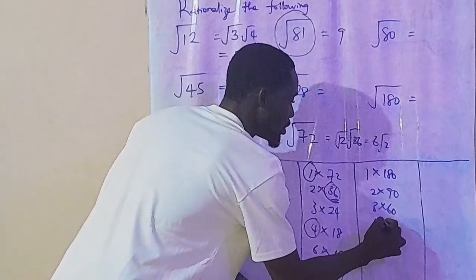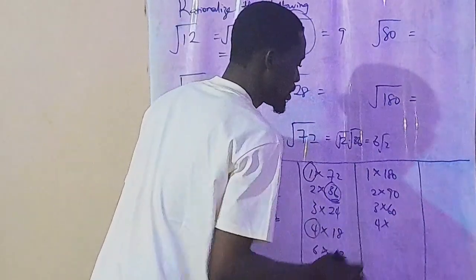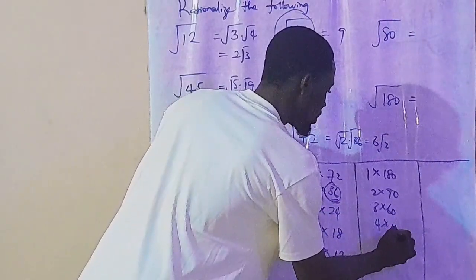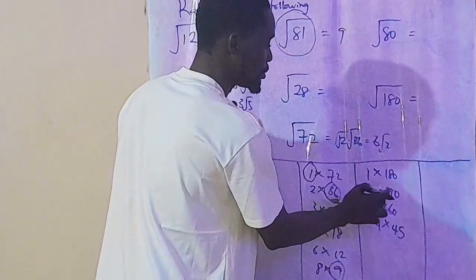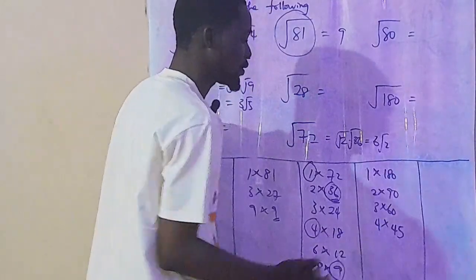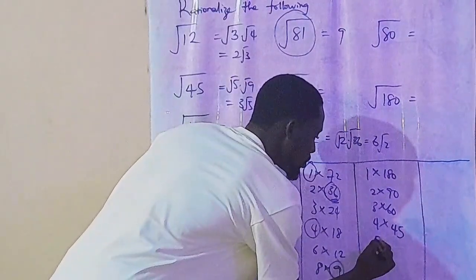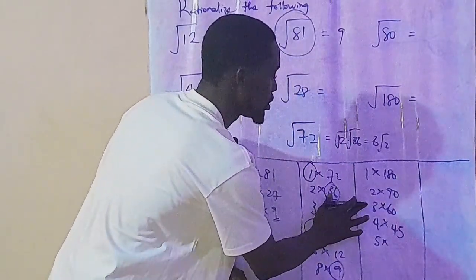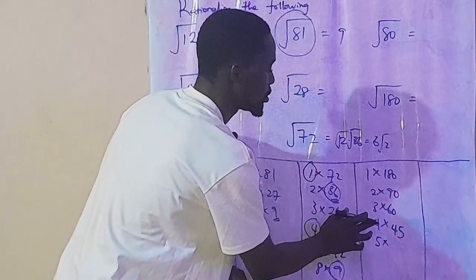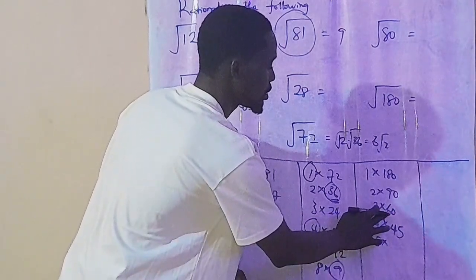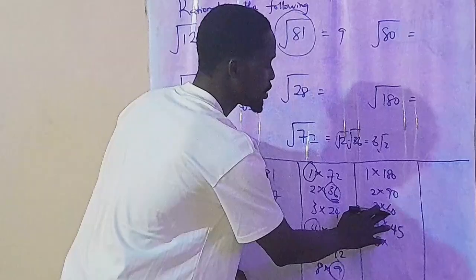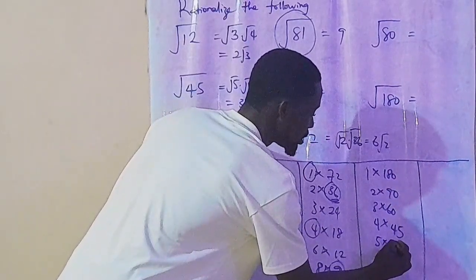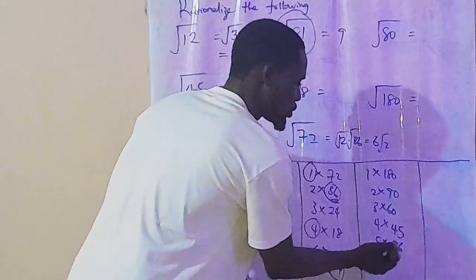I have 4 times 45, which should give me 180. 5 times 36. Alright. And so on and so forth.